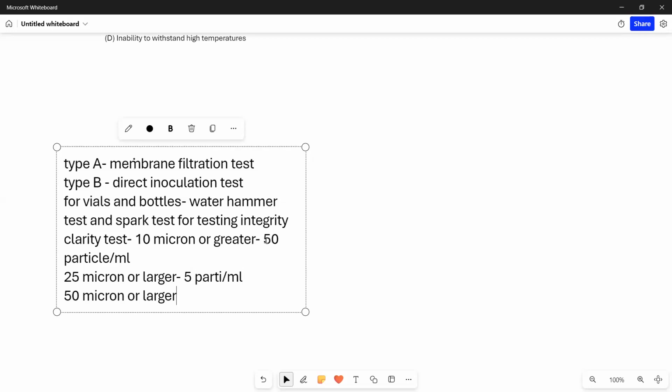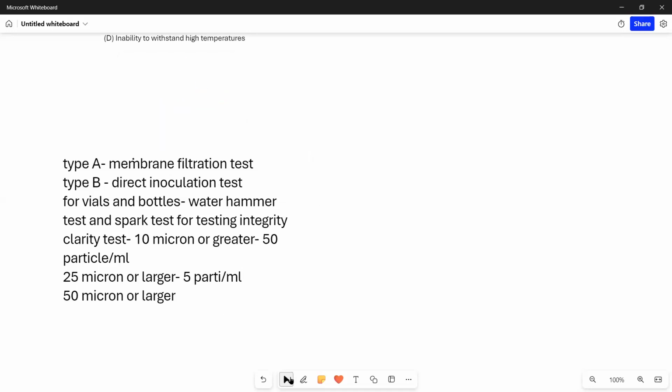Great, guys. Generally the membrane filtration test and the direct inoculation test are done for 14 days. This should be remembered. In the leakage test, the pressure applied is a vacuum of minus 140 mm Hg. It should be remembered, guys.